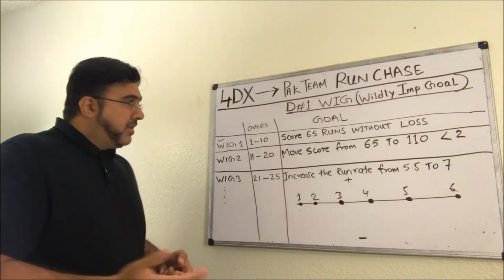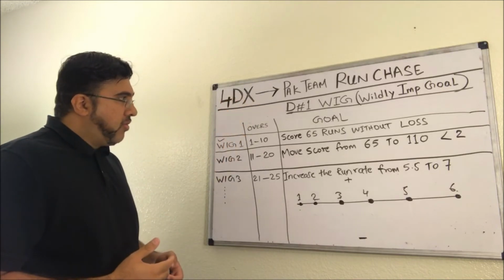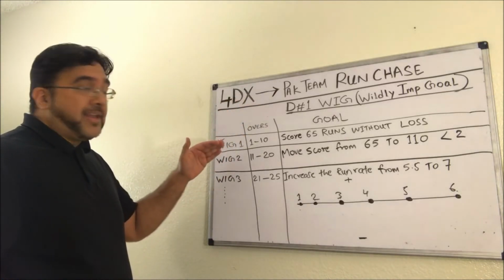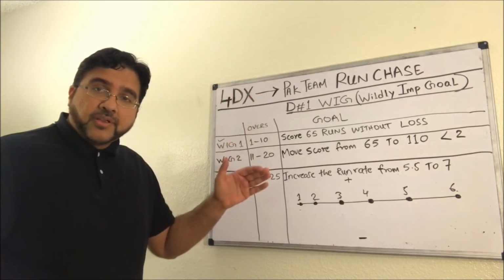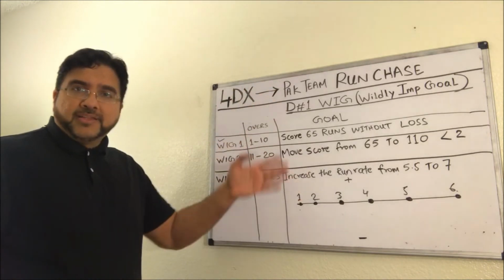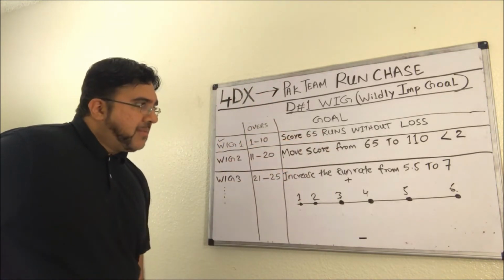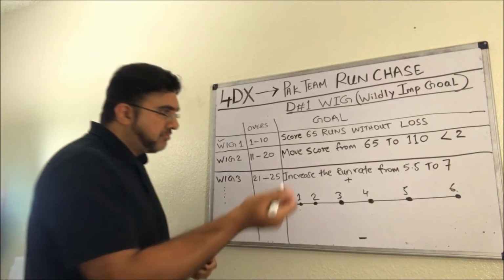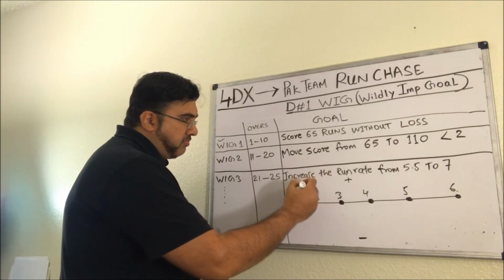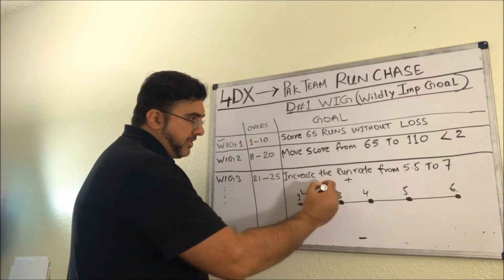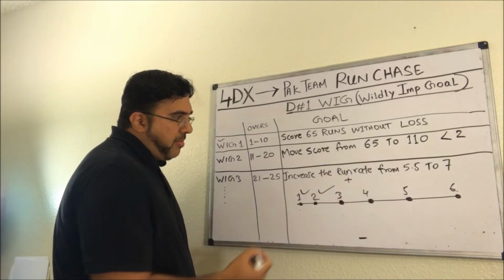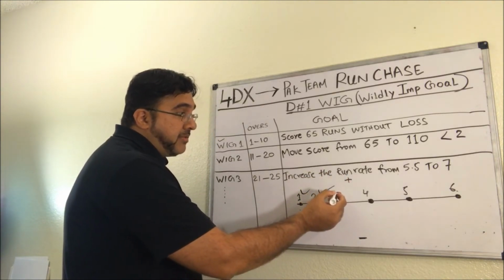Things can change, right? In any goal, the team might overachieve, or they might completely fail in certain goals. So for example, the first goal was achieved successfully, the second goal was achieved successfully, and here the team did well.